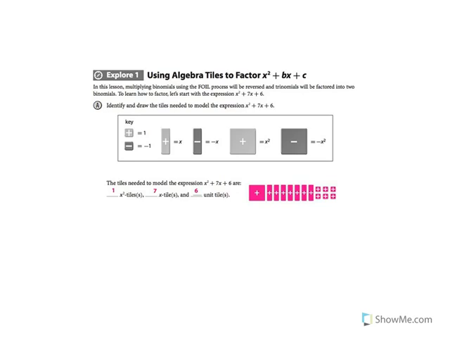The tiles needed to model the expression x squared plus 7x plus 6 are these tiles in red. So we have 1 x squared tile, 7 x tiles, and 6 unit tiles.